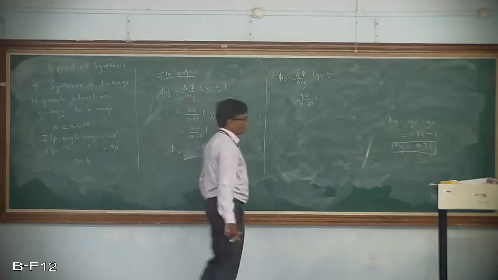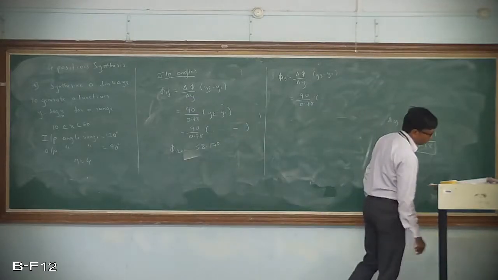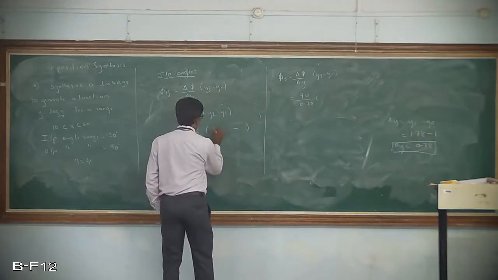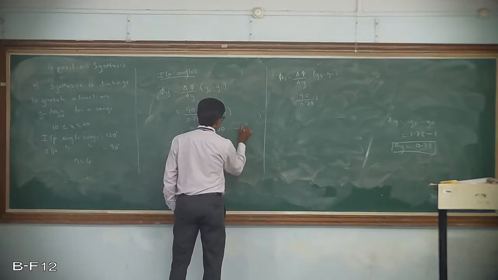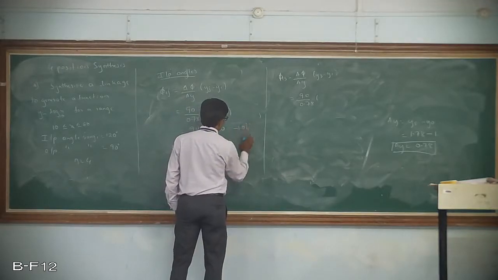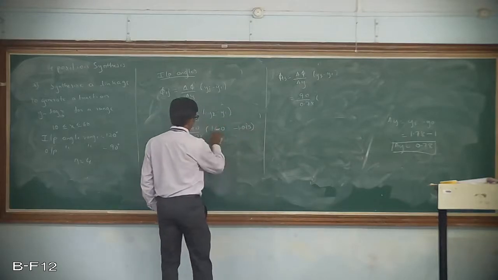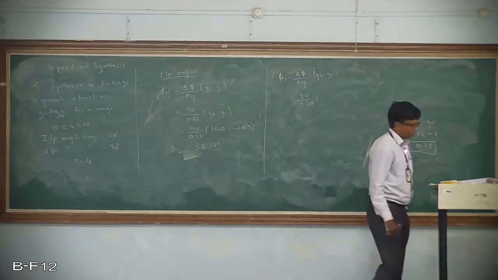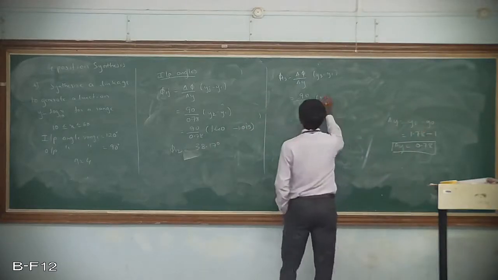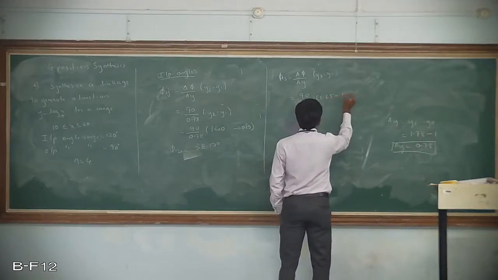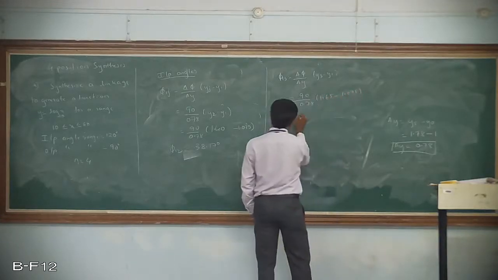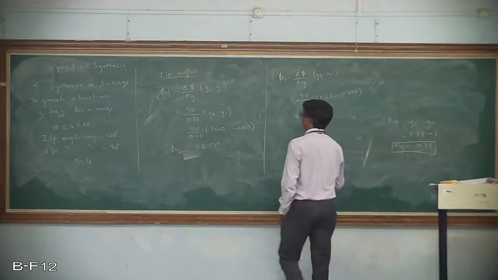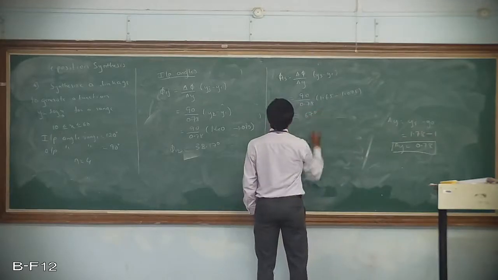When you are taking y2 minus y1, it should be 1.075 minus 1, so it should be 0.075. So 90 divided by 0.78 into y3, which is 1.65, minus 1.075. When you do it, we will be getting the value as 67 degree.